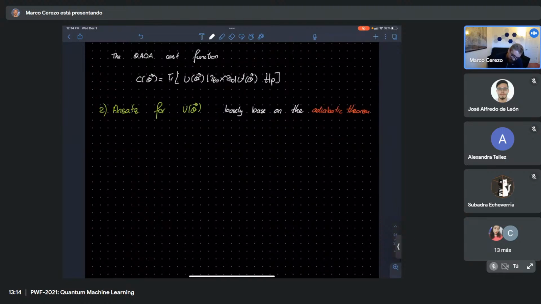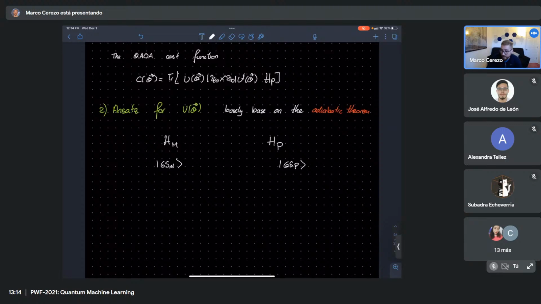It tells me that if I have two problems, I'm going to call this HM, we're going to see why in a second, and HP. HM is a simple Hamiltonian whose ground state I can prepare easily. But I'm not interested in the ground state of M. I'm interested in the ground state of P.